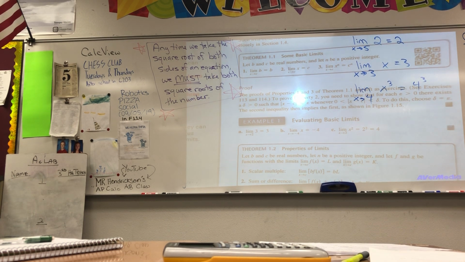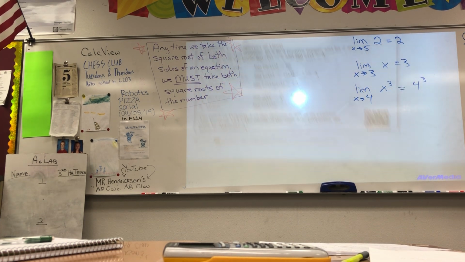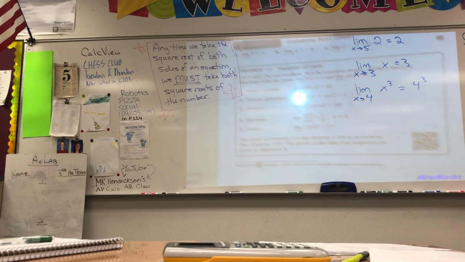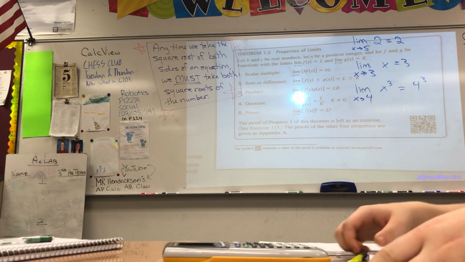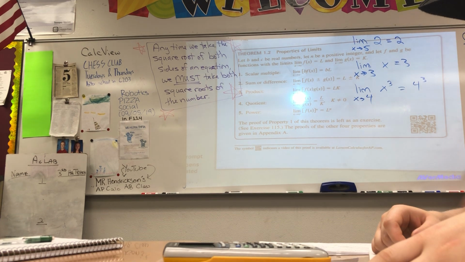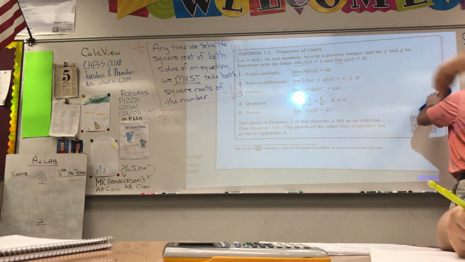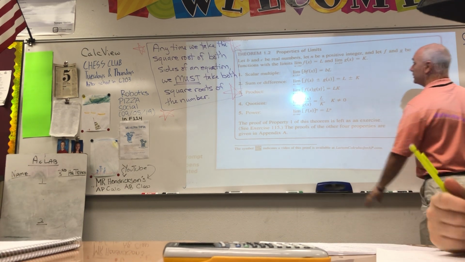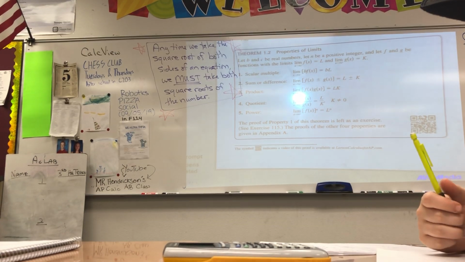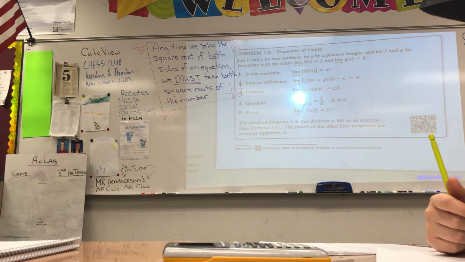All right. Now let's get to the properties, and this is the stuff that we want to spend a few more minutes on. Let b and c be real numbers, n be a positive integer. Let f and g be functions with limits: the limit as x approaches c of f of x equals L, and the limit as x approaches c of g of x equals k. Scalar multiple.